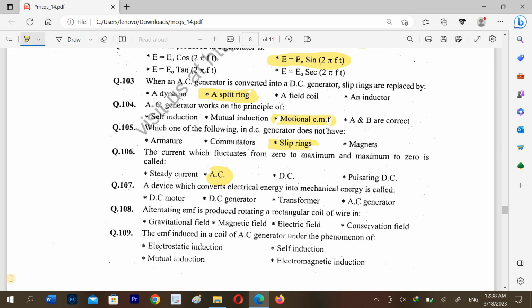A device which converts electrical energy into mechanical energy is called DC motor. Alternating EMF is produced by rotating a rectangular coil of wire in a magnetic field.